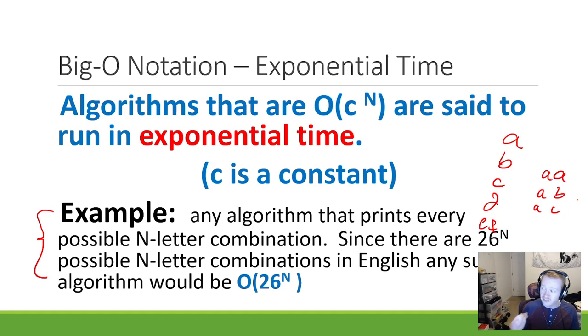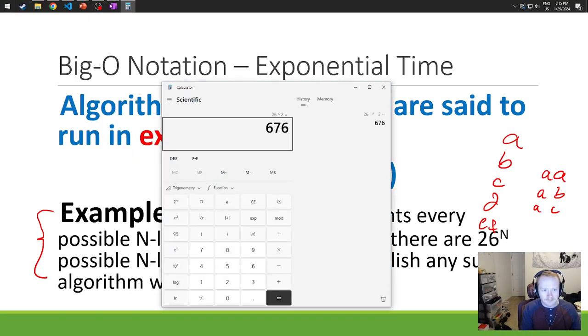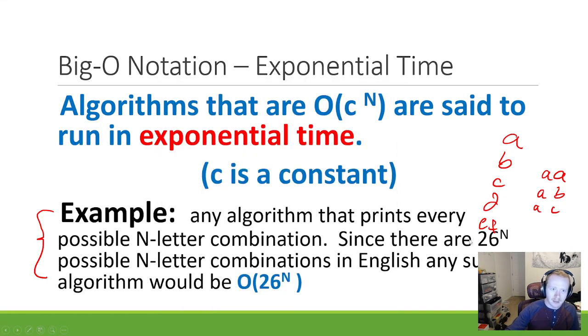So these are very explosive in their runtime. 26 to the first power is 26. 26 squared, I don't know off the top of my head, but it's big. Pull up a calculator. 676 different options. If we do 26 cubed, we're at 18,000. So exponential time is very bad.